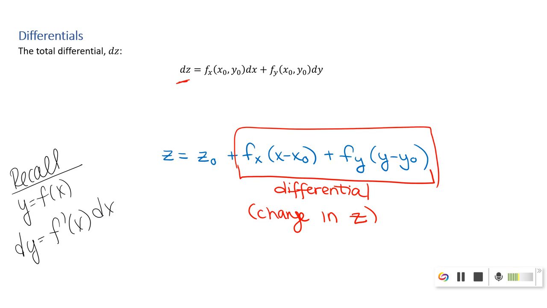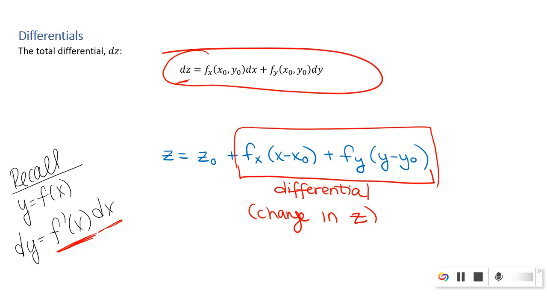And just to compare with some stuff we've learned in the past, in 2 dimensions, the differential dy is defined to be your derivative, y prime, times your differential dx. And so in 3 dimensions, our differential dz, I'll circle it. Here's the formula at the top of the screen. Our differential dz is defined to be our partial with respect to x times dx plus our partial with respect to y times dy. It's actually the part of our tangent plane that I circled below.